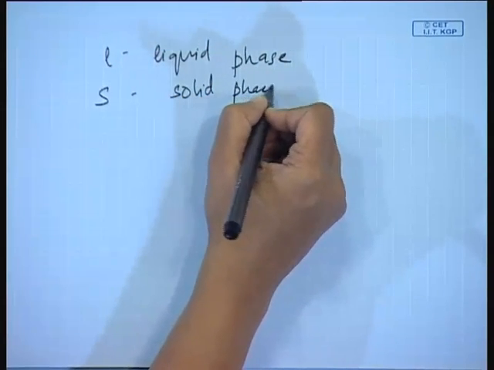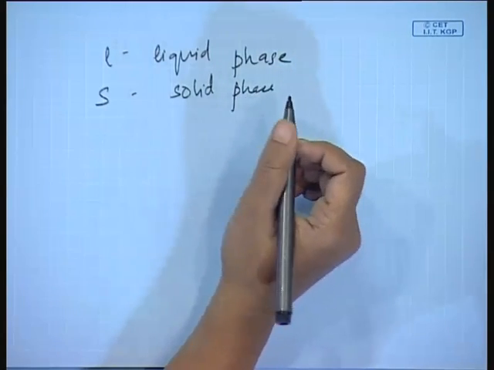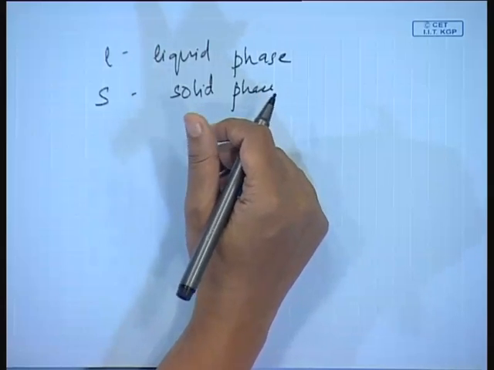So, these conventions are also used under certain circumstances, particularly when we are concerned with phase transforms, maybe vaporization, condensation, etc. Under those circumstances, instead of 1, 2, we might go for LG subscripts as well. But for our case, usually I would prefer to use subscripts 1 and 2 according to the conventions which I have already mentioned.